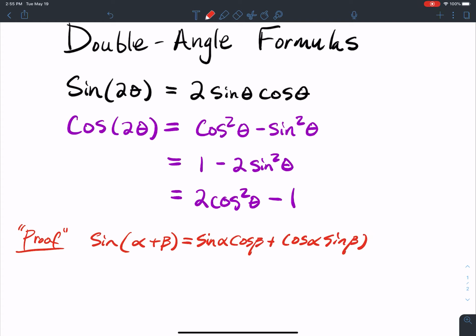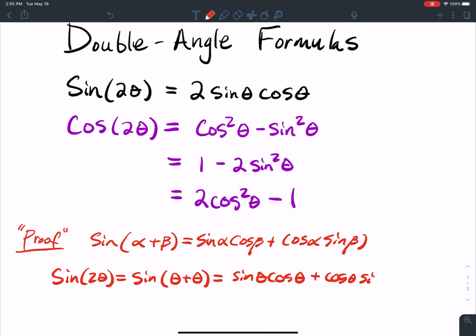So if I'm going to do the double angle identity, that's sine 2 theta, which equals sine of theta plus theta, which is sine theta cosine theta plus cosine theta sine theta, which equals 2 sine theta cosine theta. Okay, so that's one of them, right?